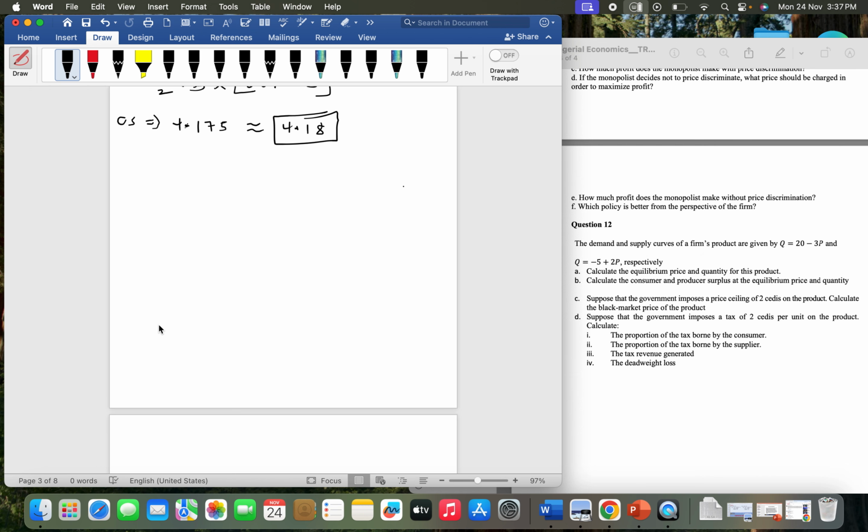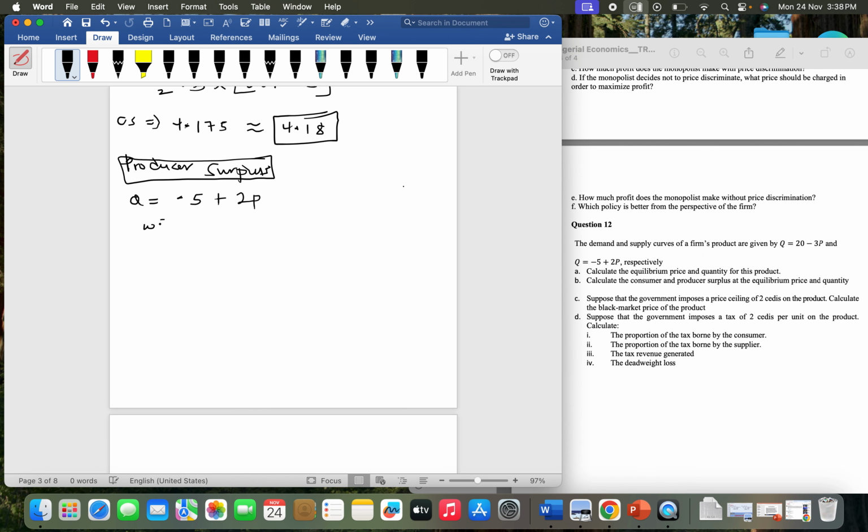So now we move to producer surplus. I told you with the producer surplus, I'll use the supply curve or the supply function. So for producer surplus, that's our supply curve. Q is equal to minus 5 plus 2p.